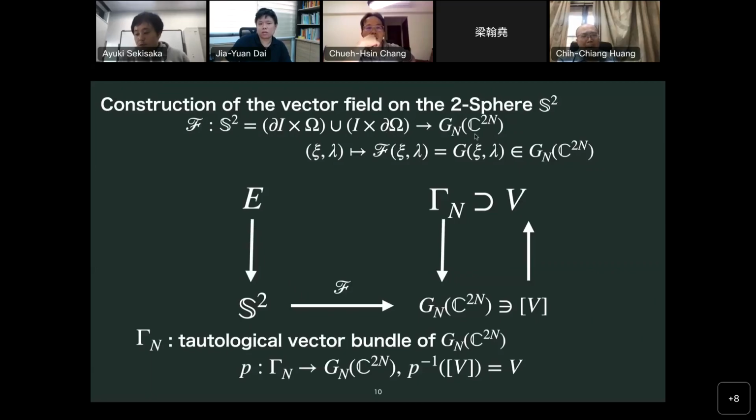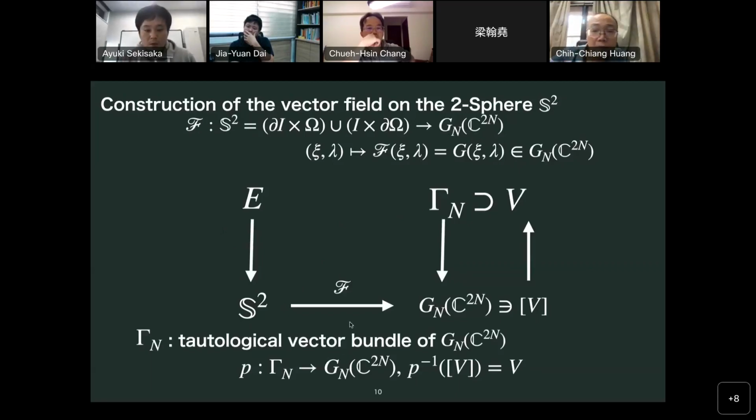From this relation, we can obtain a vector bundle on the two-sphere. It is called the pullback bundle of the tautological bundle of the Grassmannian manifold. Like this, we can obtain the pullback bundle.